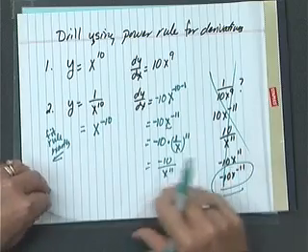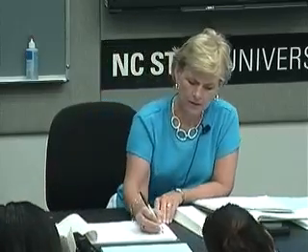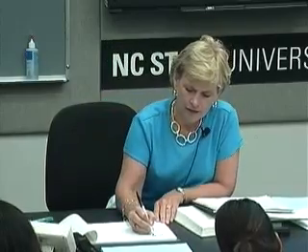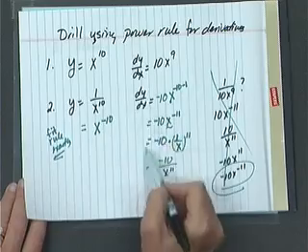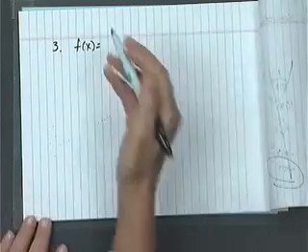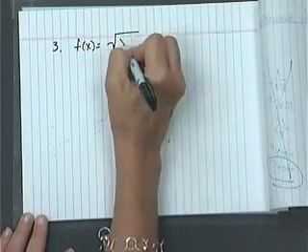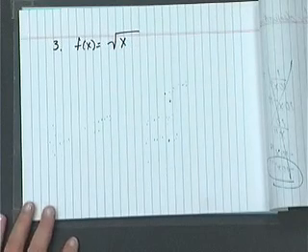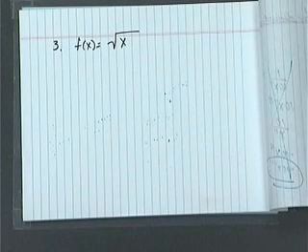All right, let's go for another one. Fit the rule exactly. Sample number 3. f of x. Did you use proper notation? Everybody using proper notation? All right, f of x is equal to the square root of x.